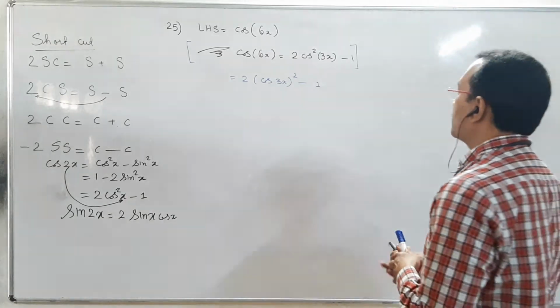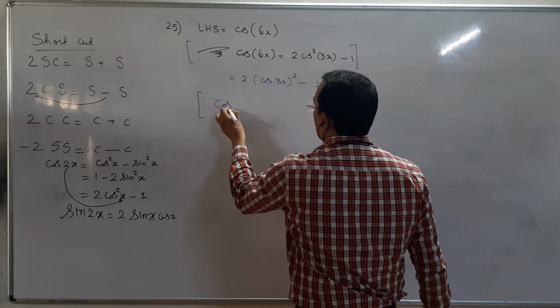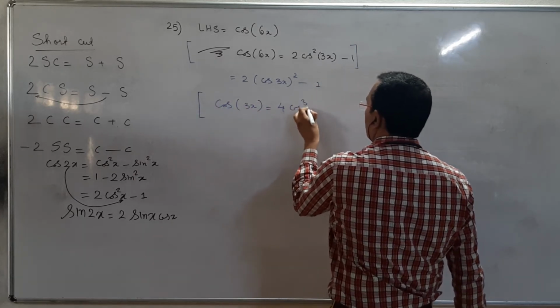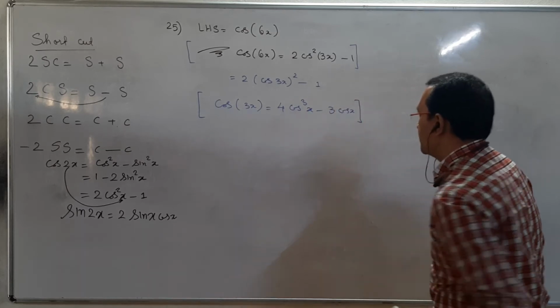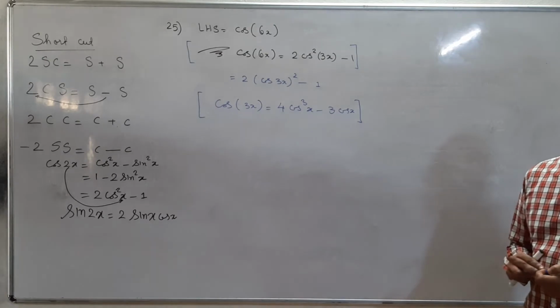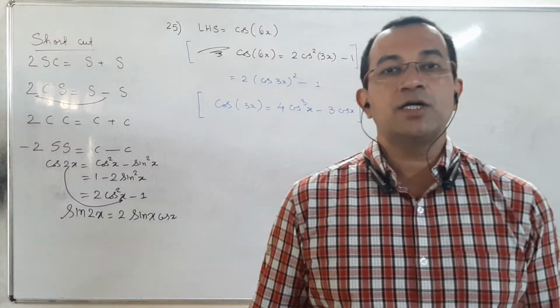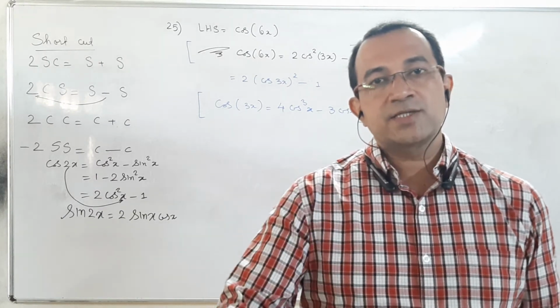Now our next formula is the formula of cos 3x, which we already know, 4 cos cube x minus 3 cos x. Because first, students, we have converted the sum from 6x to 3x.